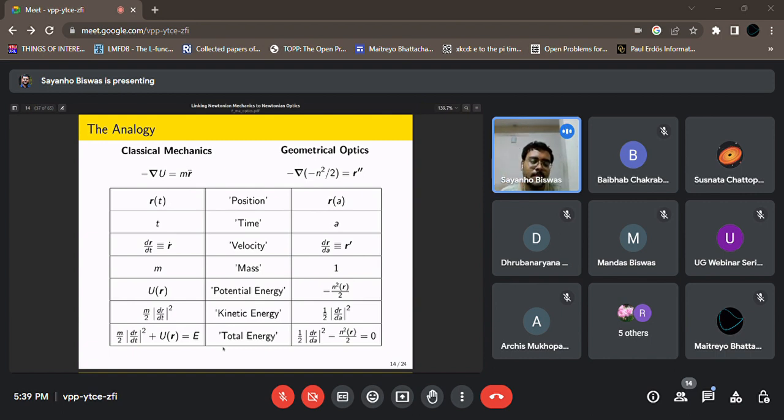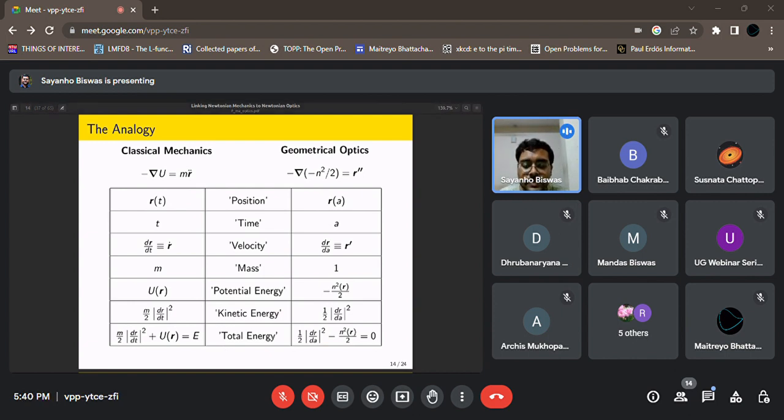Good enough. In classical mechanics, we have what is known as the total energy: m by 2 mod dr/dt whole squared, plus U as a function of r, equals E. And in geometrical optics, we simply add the kinetic energy and potential energy we obtained in the previous two lines. Interestingly, why is it zero? Can anyone tell me?